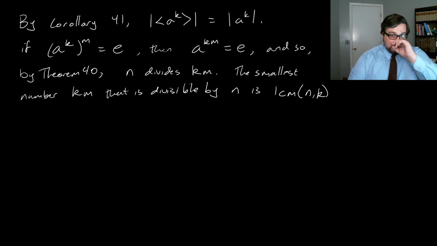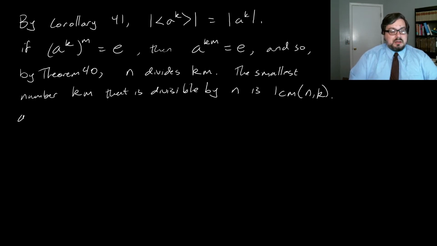So in order for this a to the km to be the identity, well, obviously it has to be a multiple of k, that's by the construction, and by Theorem 40, km also has to be a multiple of the order of a. And the smallest number that does both those things at the same time is the least common multiple of n and k.